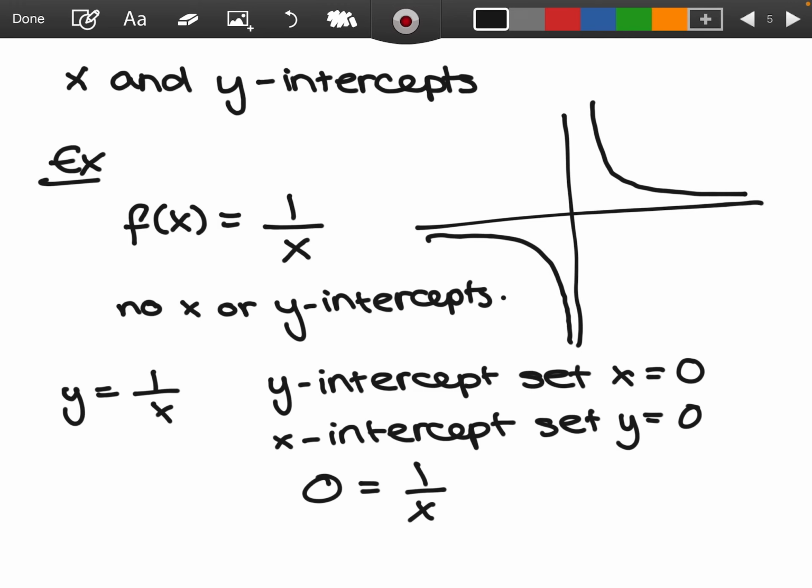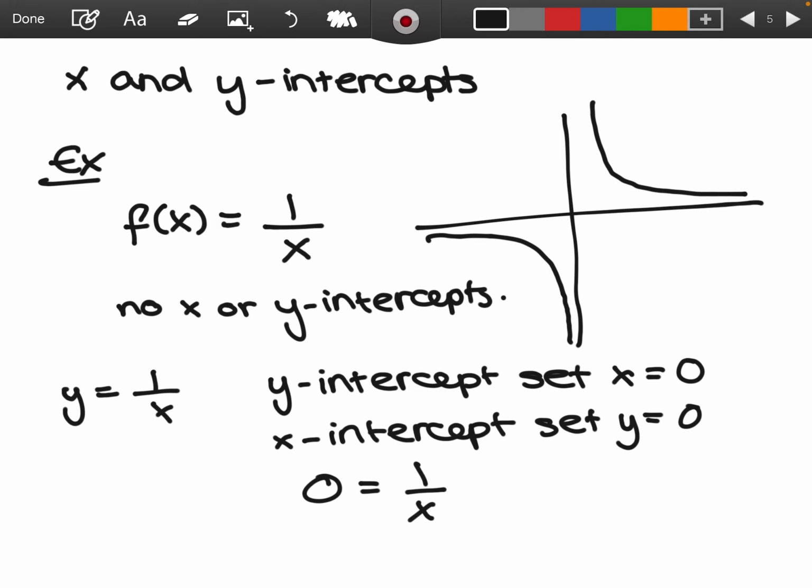So there is no x-intercept for this function. That explains why we have a graph that looks something like this with no x or y-intercept: when we set x equal to 0, we end up with something undefined, and when we set y equal to 0, there's no way that we can get 1 divided by x equal to 0. So there is no x or y-intercept.